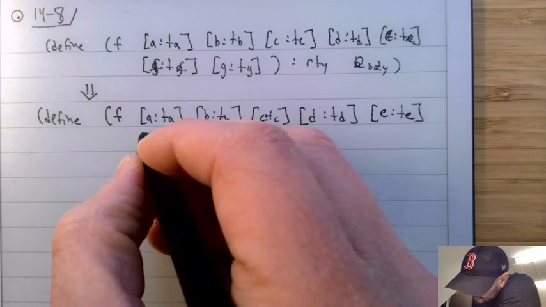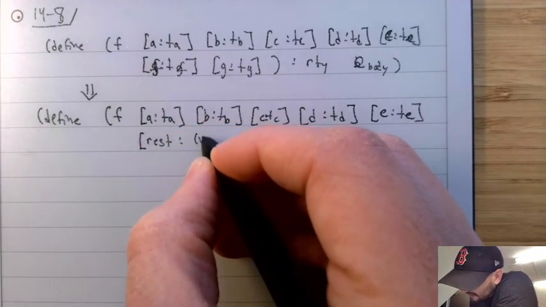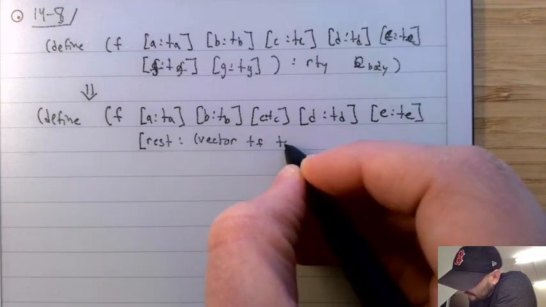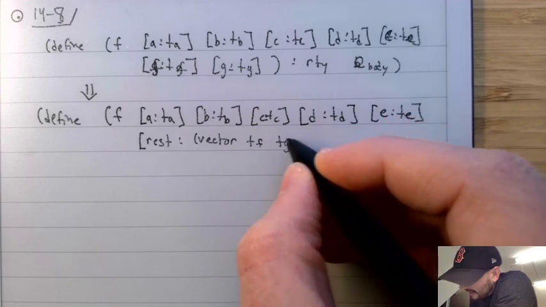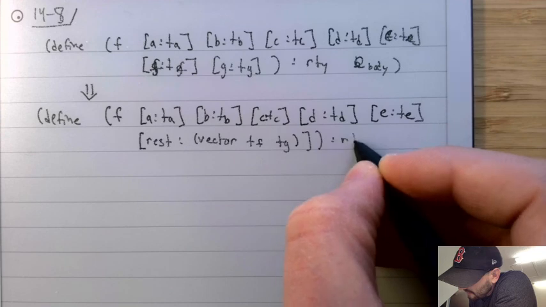But then the last argument is a new name that you're going to come up with. I'm going to write it as rest, and it's going to be a vector of TF, TG, and any other ones, right? And then you're going to return the return type.